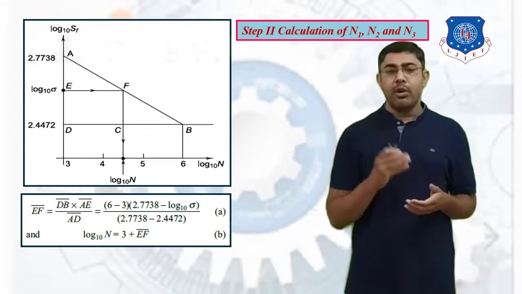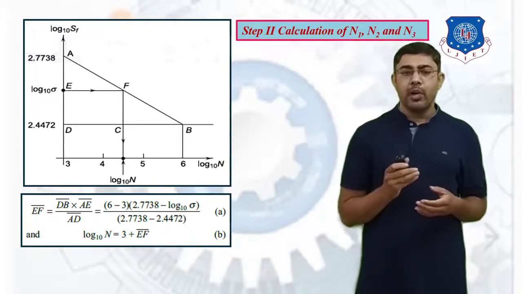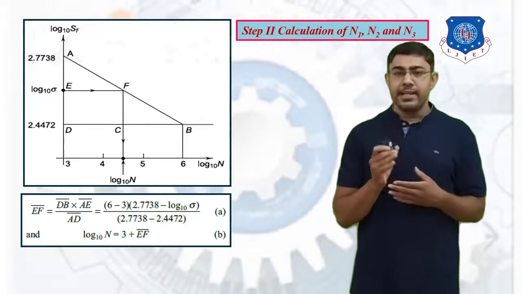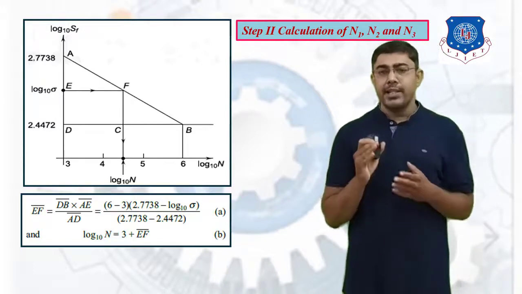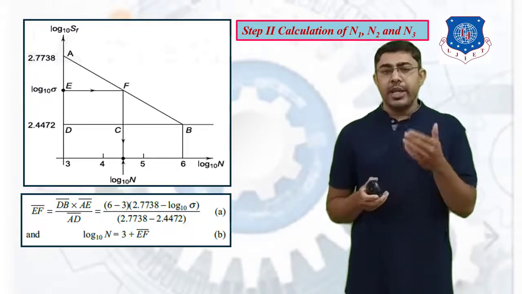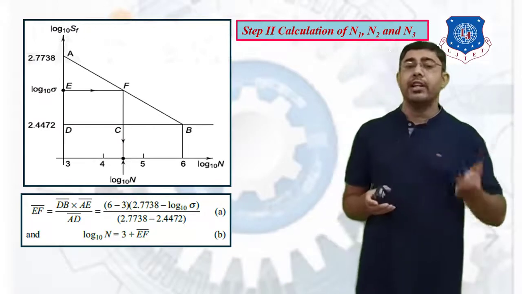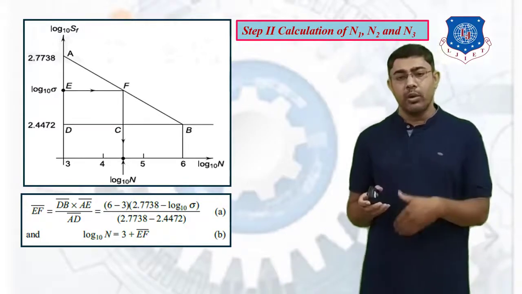So what is the value of DB? That is 6 minus 3. AE value is 2.7738 minus log sigma. Here we place log sigma, because according to the values of sigma 1, sigma 2, sigma 3, we have to calculate log n1, log n2 and log n3.